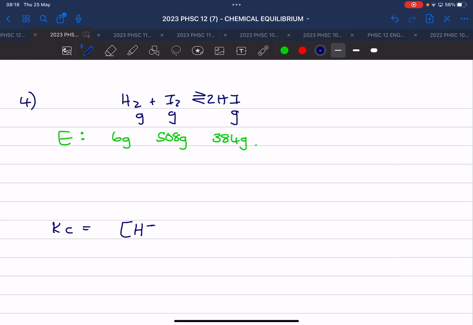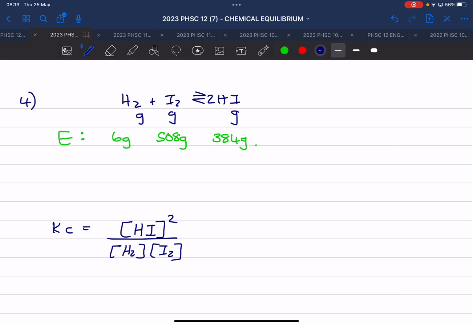Hydrogen iodide over hydrogen gas and iodine gas. Thank you very much. Okay, now what do these square brackets mean, Princess? No, the square brackets, what do they mean? Concentration of. So we must change these grams to concentration.